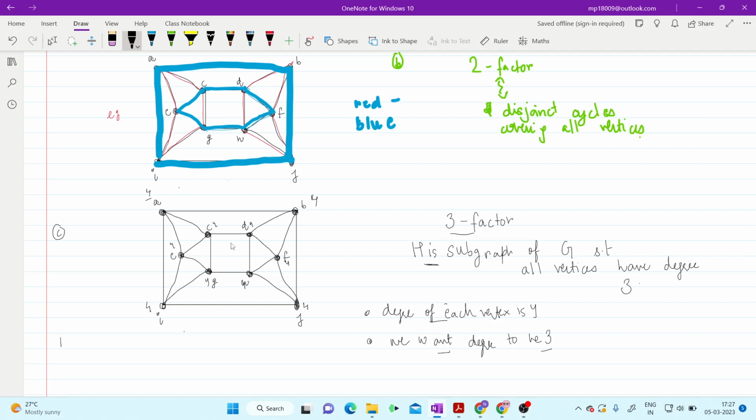This graph had a perfect matching, in which the degree of each vertex was 1. In this special case, since this graph is 4 regular, the complement of the matching will give us a 3 factor.